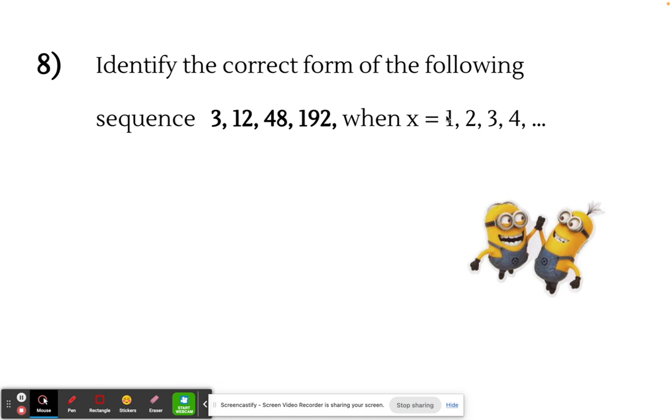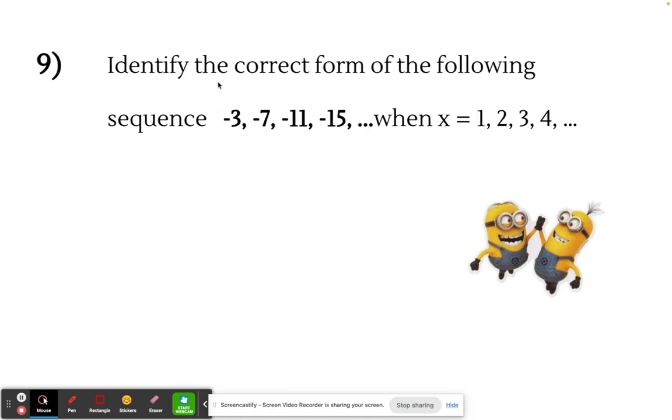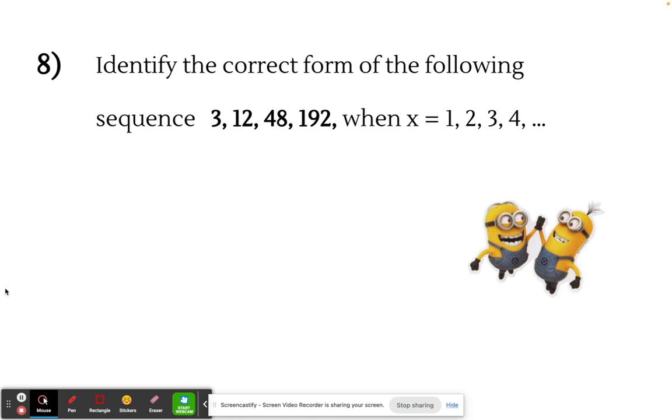Question 8. Again, I have 1, 2, 3, 4. I don't have a 0 term. This is a times 4 pattern. So what number would be here if I multiply it by 4 and I get 3?